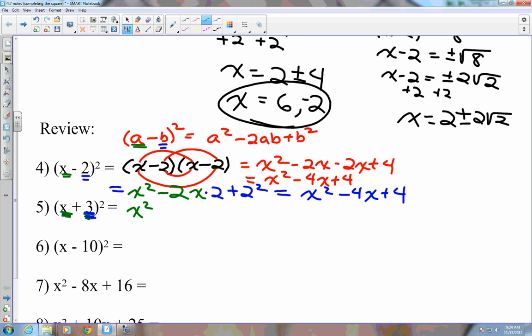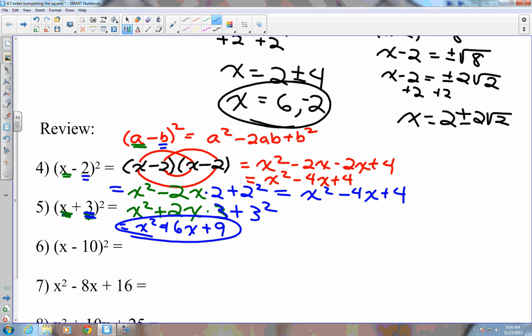Because this is a plus in the middle, it's going to be plus 2x times 3 plus 3 squared. So let's simplify. x squared, 2 times 3 is 6. That's plus 6x plus 9.